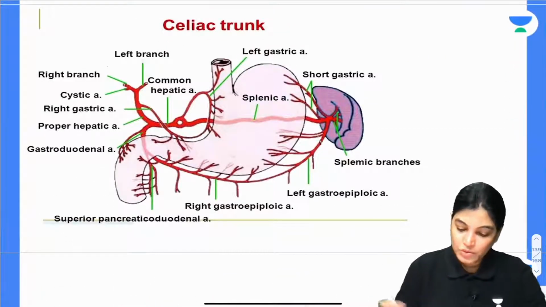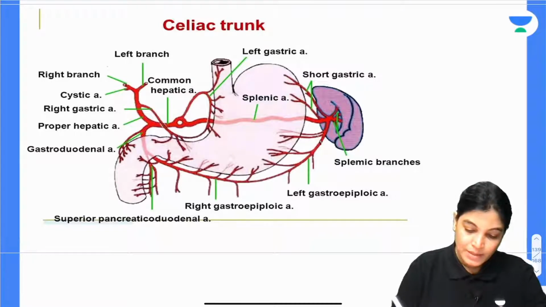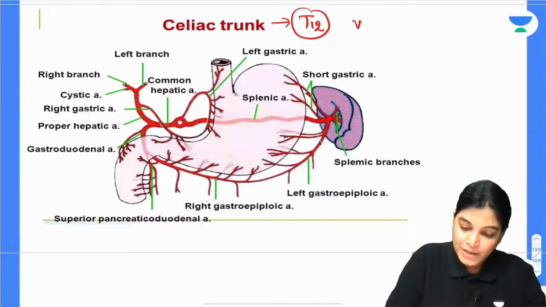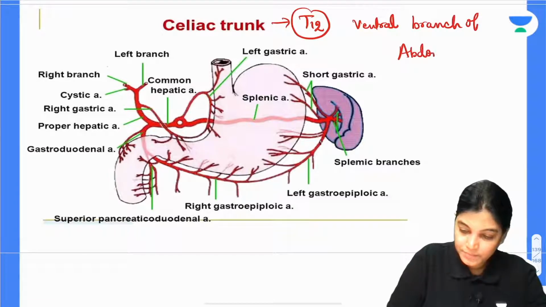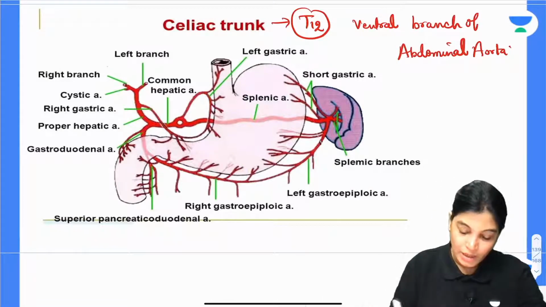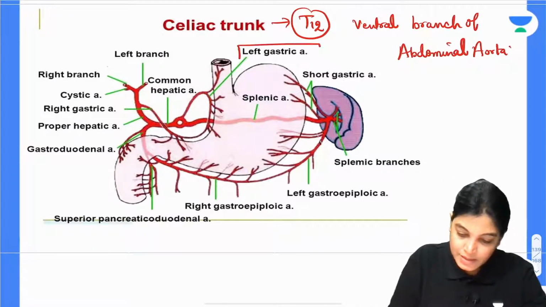Now I would like to show you this diagram where you can see the celiac trunk, which is given at the level of T12. It's a ventral branch of the abdominal aorta, and the branches given by it are direct branches.